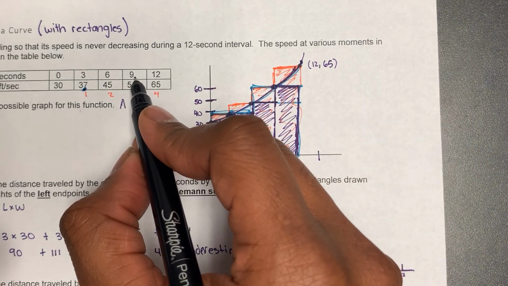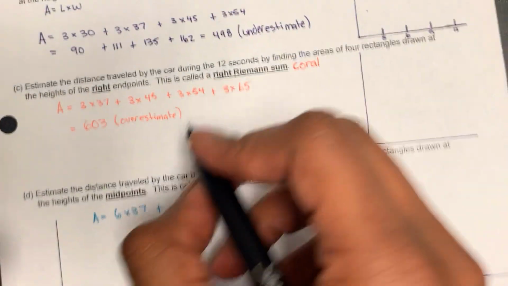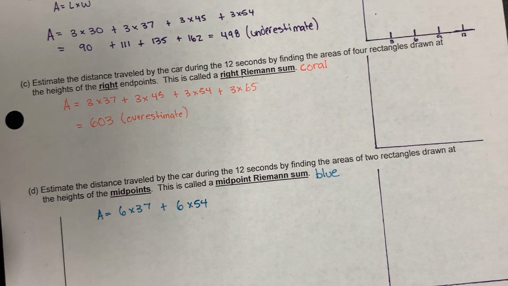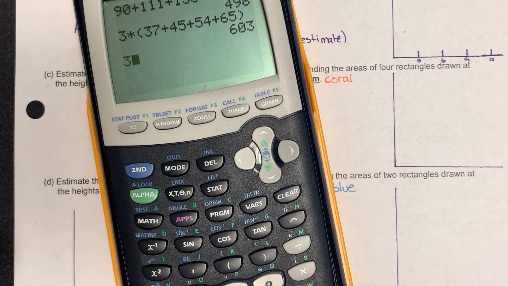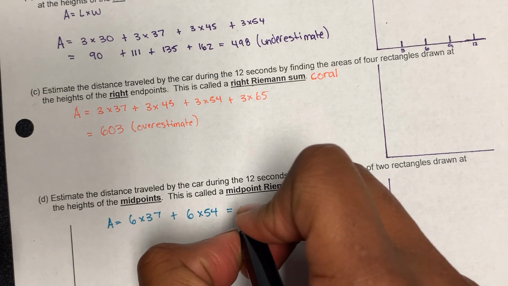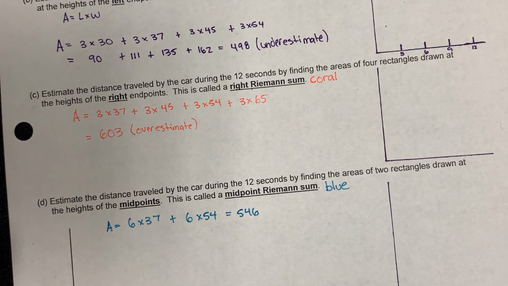And we're going to use the y value at 9 for the height, so plus 6 times 54. So 37 plus 54 is 91 times 6, so 546.